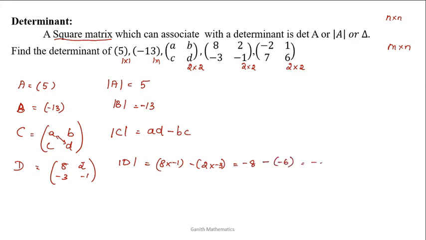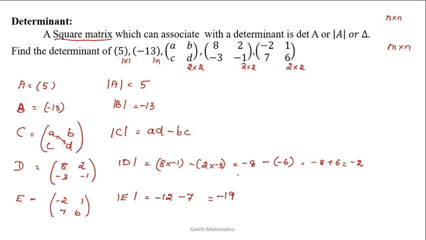So it will be minus 8 plus 6, that is minus 2. Then E. What is E? E is the matrix minus 2, 1, 7 and 6. So what is the determinant of E? Determinant of E is equal to 6 into minus 2. 6 twos are 12, so it is minus 12. Put a minus sign. 1 sevens are 7, that is also positive, so minus 7, which is equal to minus 19.